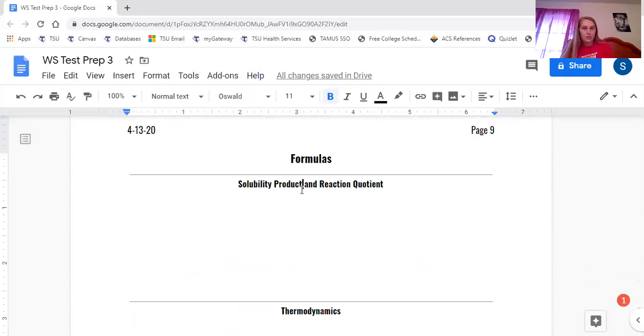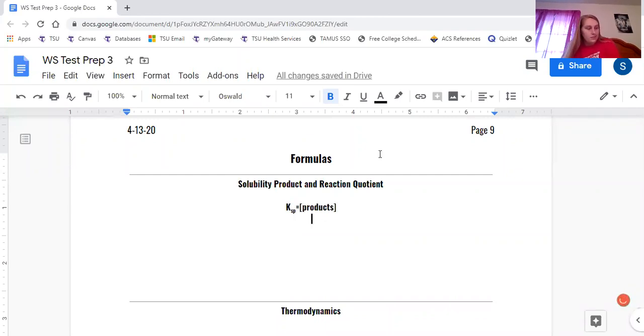So what are our formulas going to be for solubility product and reaction quotient? We already did this. For solubility, we have our KSP, and that is equal to the concentration of the products all multiplied together.